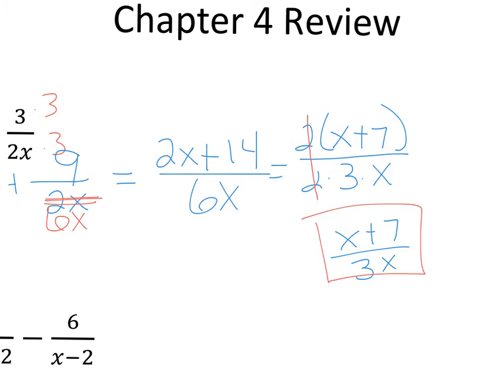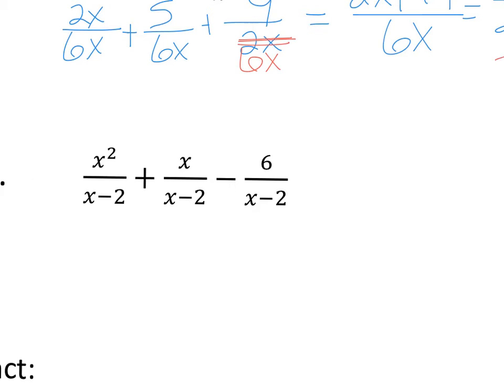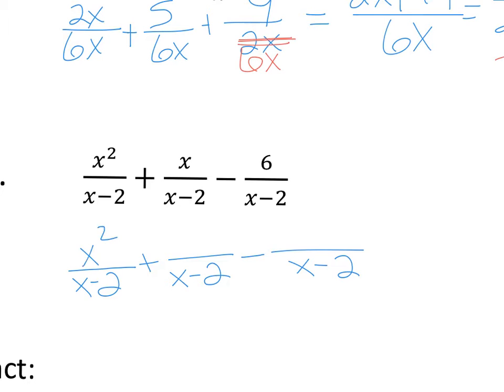All right, number 14 is another addition. However, this time the denominators are already the same, so we don't have to worry about changing the denominators. So x minus 2 plus x minus 2 minus x minus 2. We've got x squared plus x minus 6.